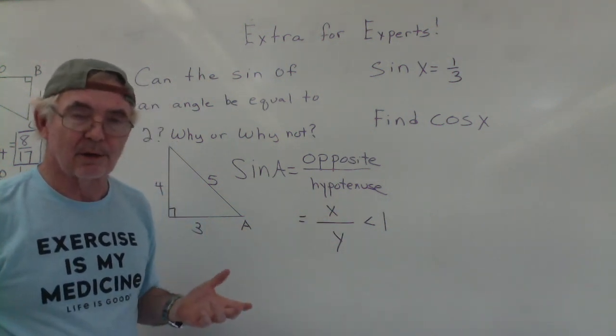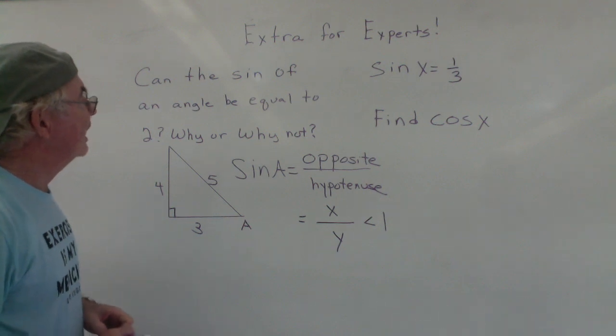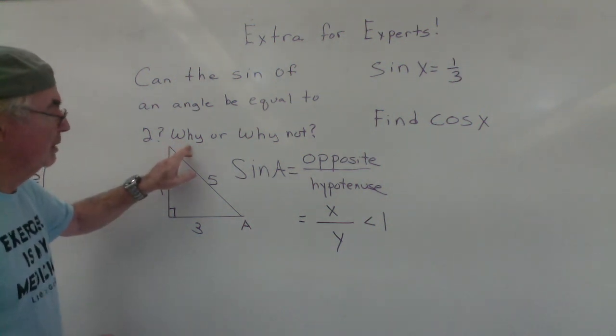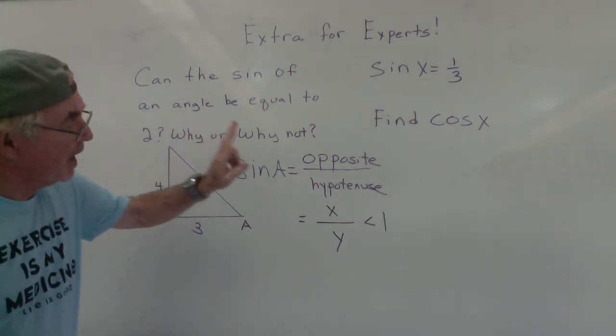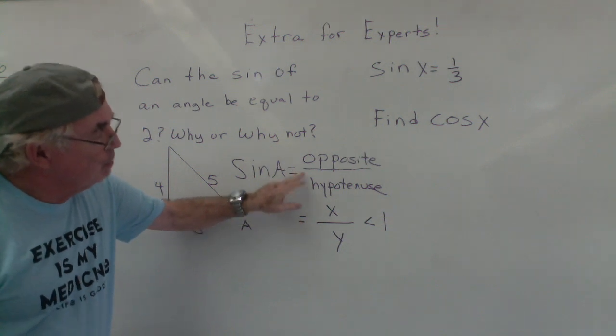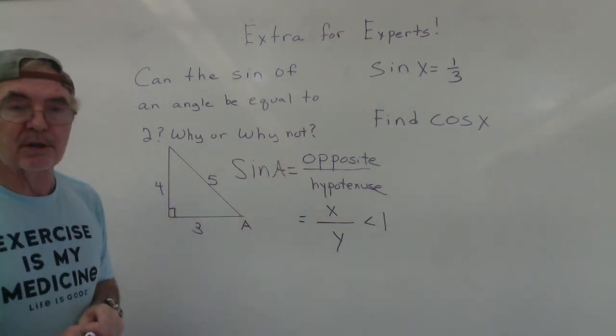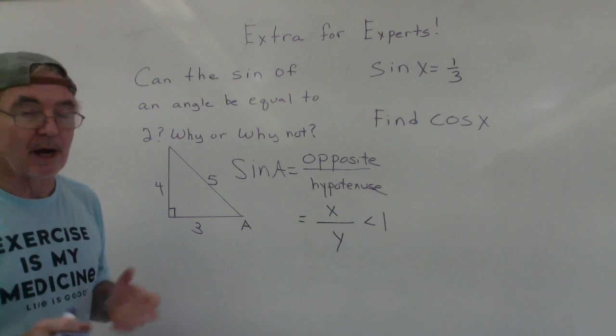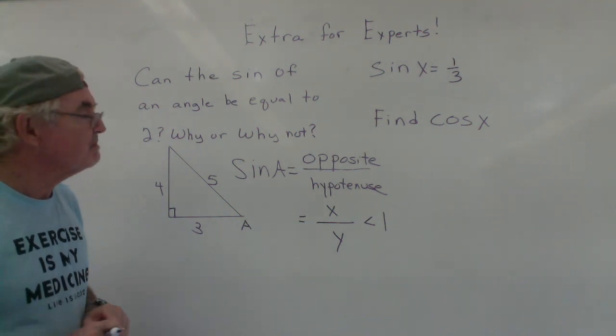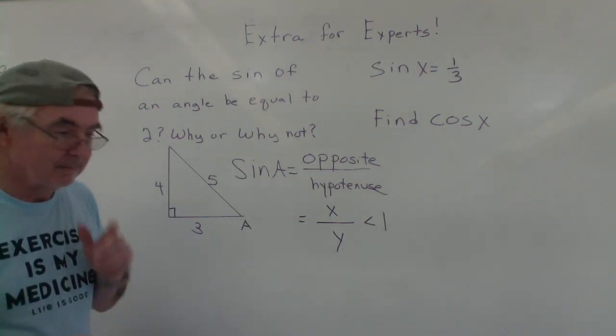It's impossible. So the answer is no, because the hypotenuse will always be larger than the opposite. If not, it wouldn't be a triangle. I hope that was clear.